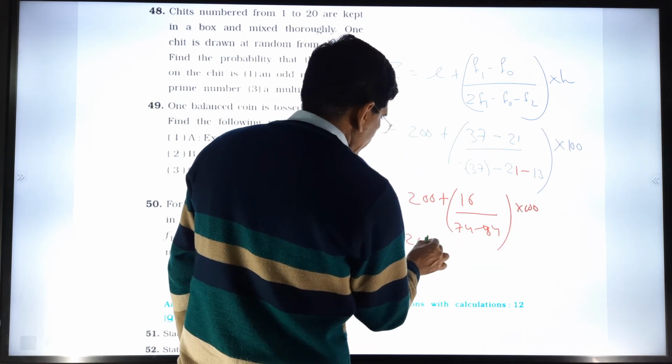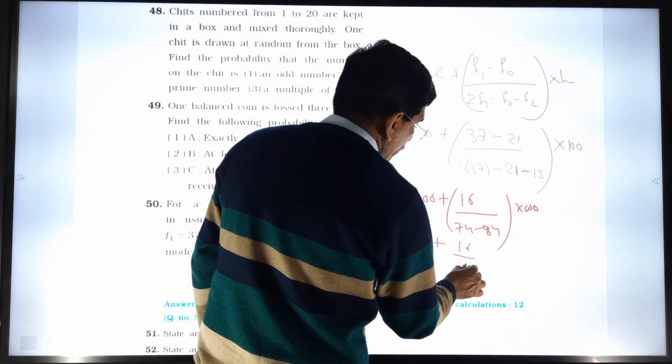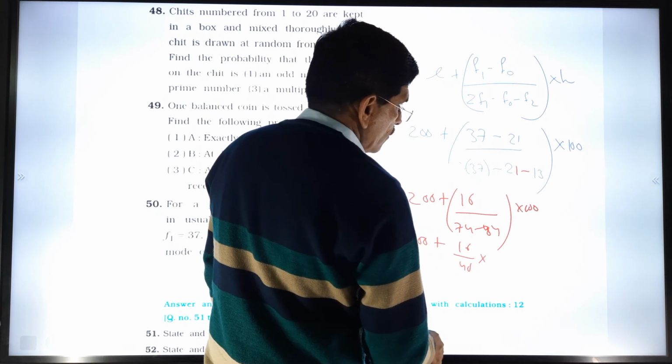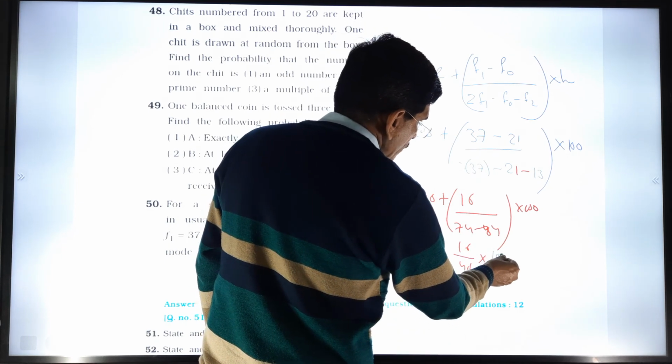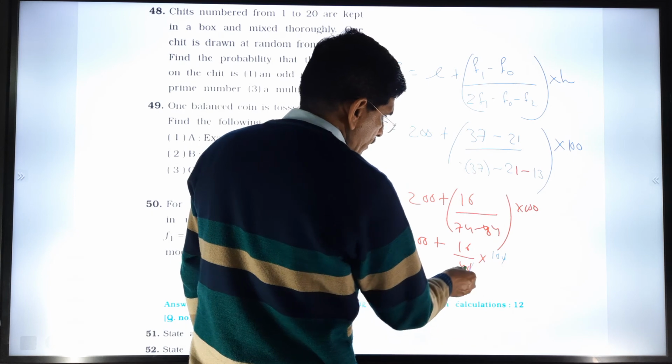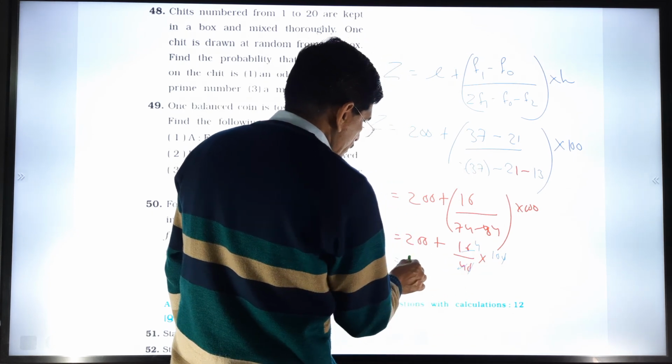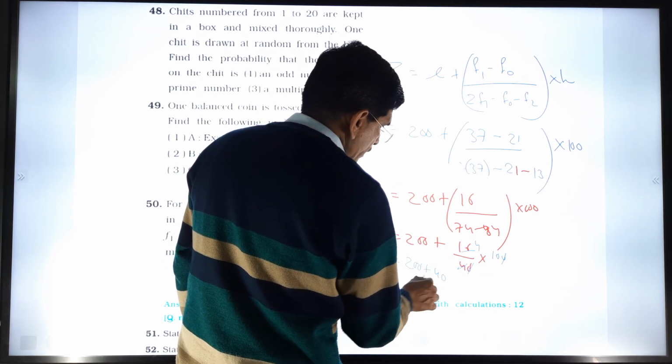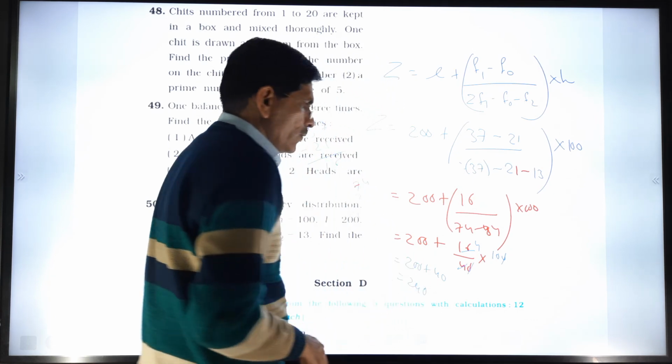So 200 plus 16 upon 40 into 100. This 0 cut, 4 fours are 16. So 200 plus 40 is equal to 240.